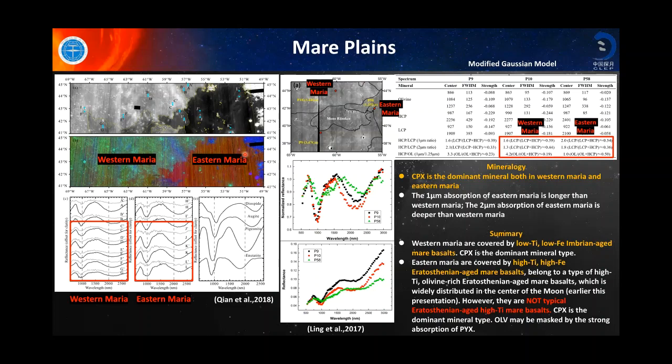But there is one explanation, which is that the spectral features of olivine are very weak, maybe masked by pyroxene.